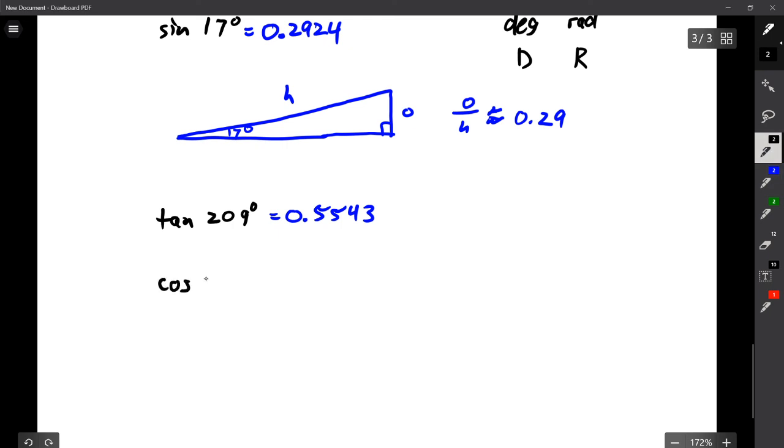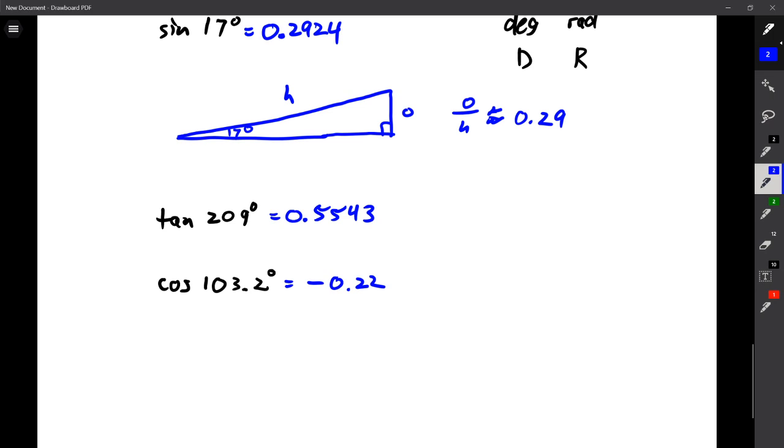We have the cosine of 103.2 degrees. Take my calculator, cosine 103.2, and I get negative 0.2284. That would be my answer there.